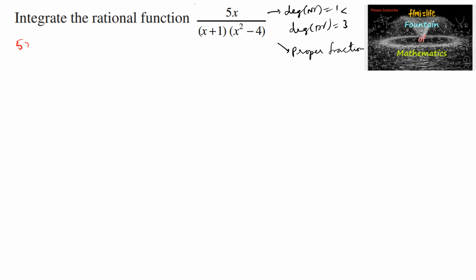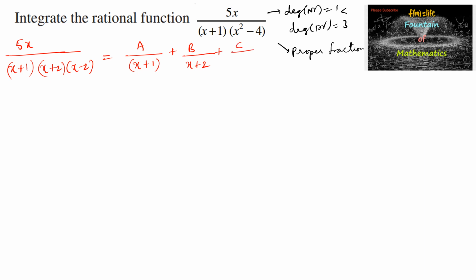We can write 5x upon (x plus 1)(x square minus 4), which is reducible. We can write it as (x plus 2)(x minus 2), which is equal to a upon x plus 1 plus b upon x plus 2 plus c upon x minus 2.